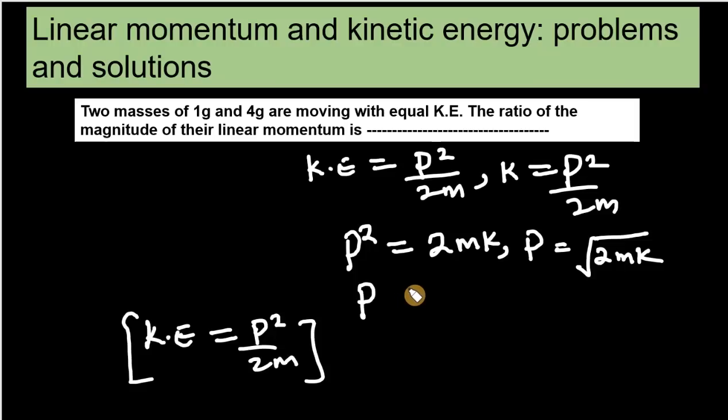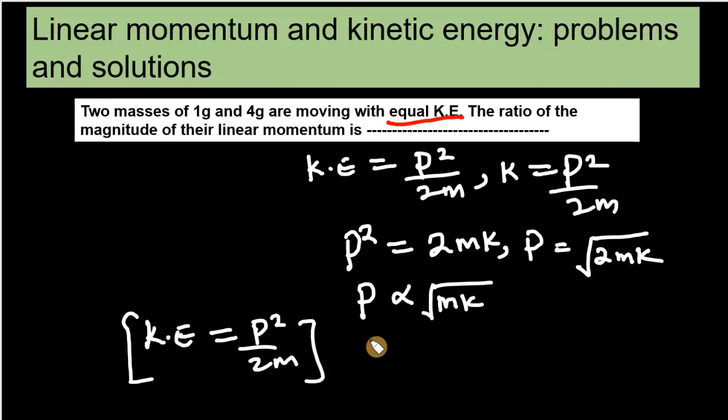So we now see that P is directly related to this. If we consider only the variables, P is directly related to the square root of mK, where m is the mass and K is the kinetic energy. But in this question, we are told that the bodies, the masses, have equal kinetic energy.